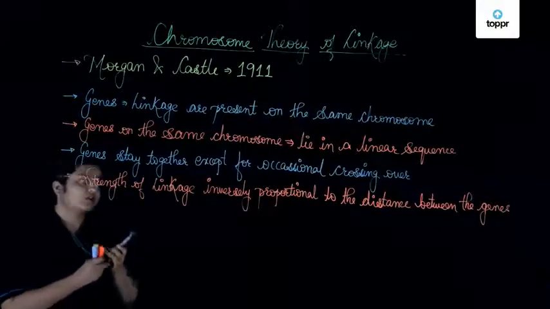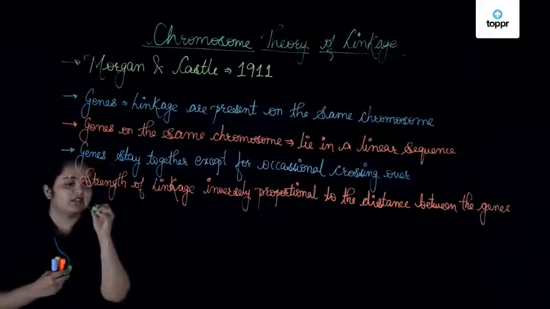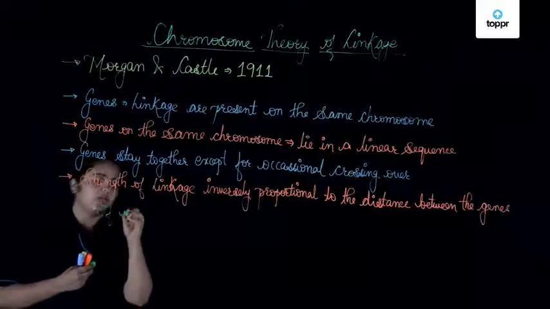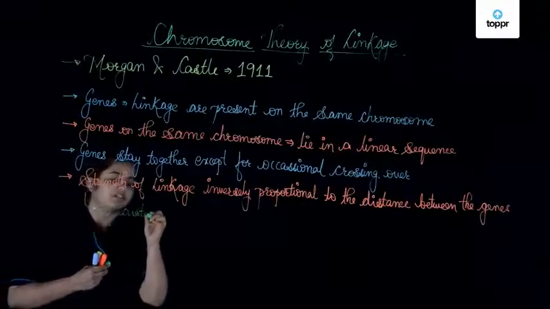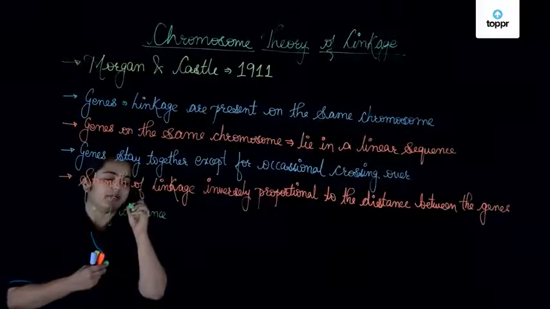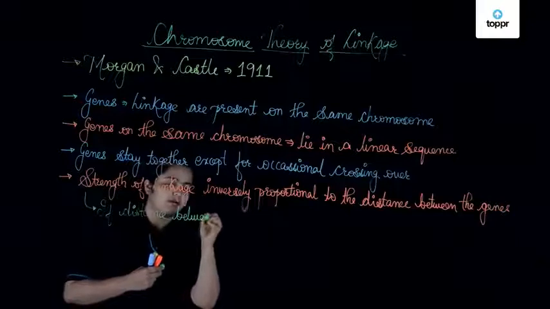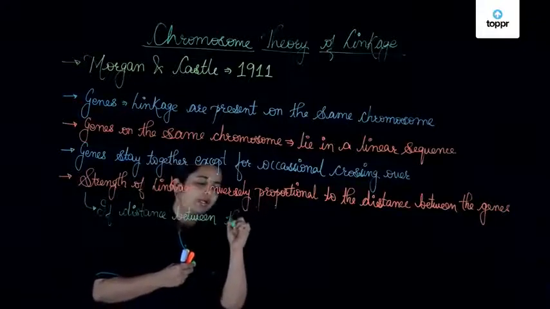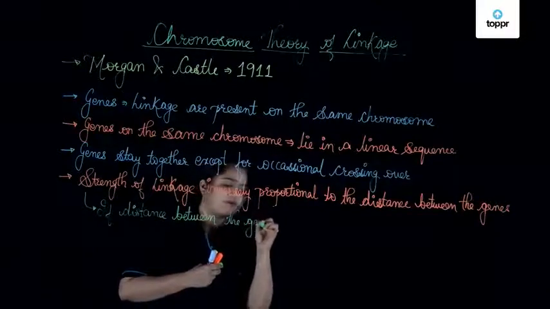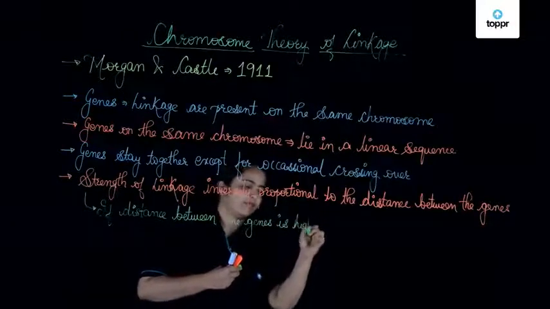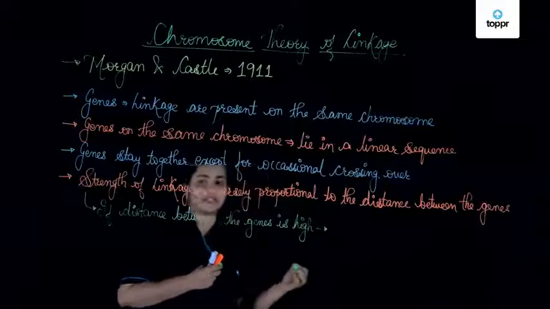Correct? So in this case, if the distance between the genes is high, what is going to happen?